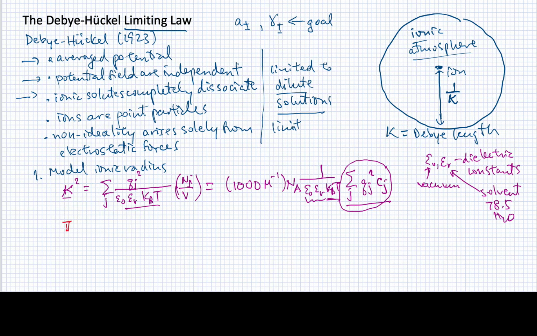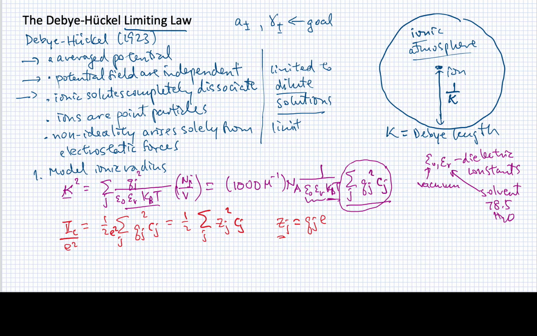I'll call it I sub c, which is essentially 1/2 the sum of qj squared cj, and I'm going to divide this by e squared, so that this becomes 1/2 the sum of z sub j squared cj. And this z sub j is just the net charge on that particle. Okay, it's the charge number.